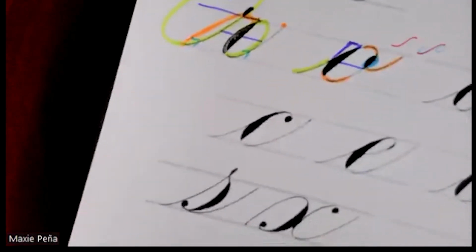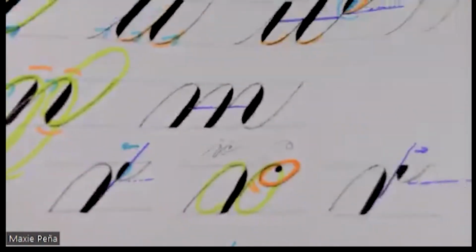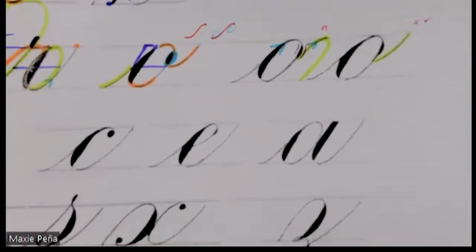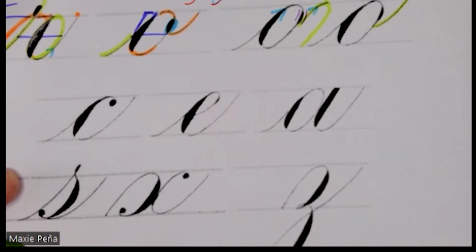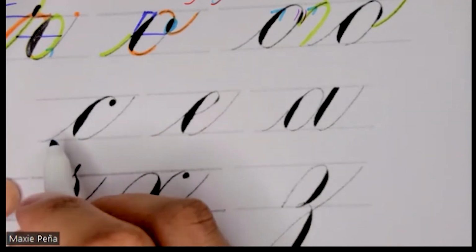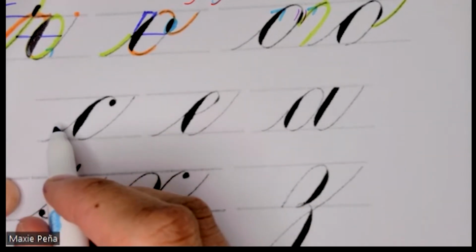Oops. Okay, let me just try to slide my paper in so you can see the rest of the letters. Hold on. Okay, C, E, and A. So what do we need to watch out for C? Again, you're only entering halfway.